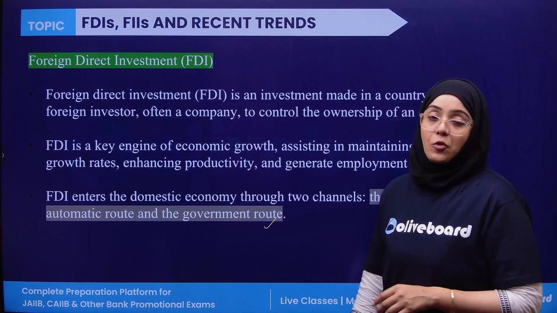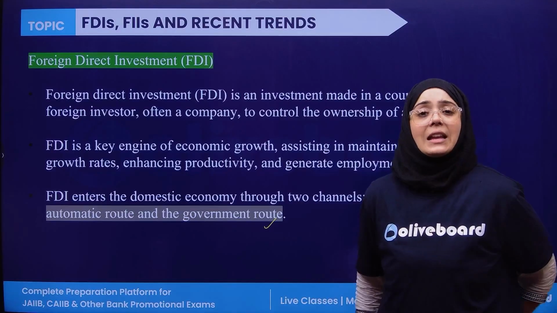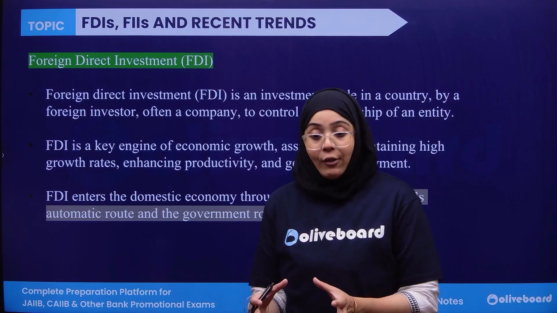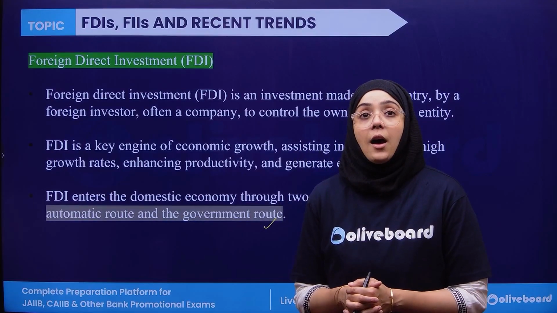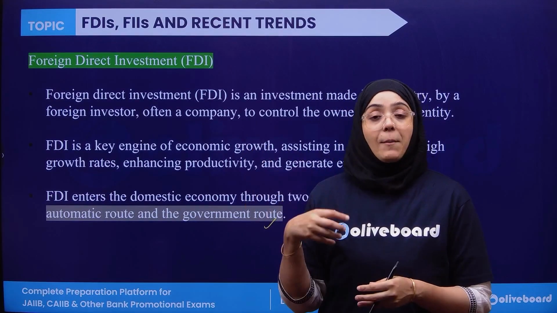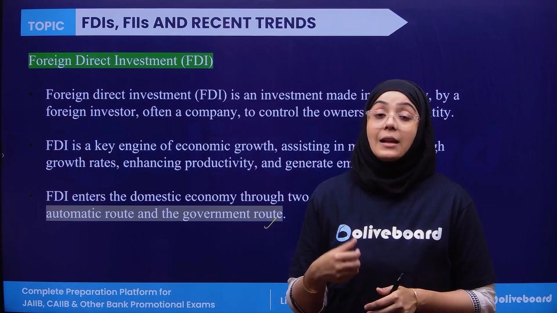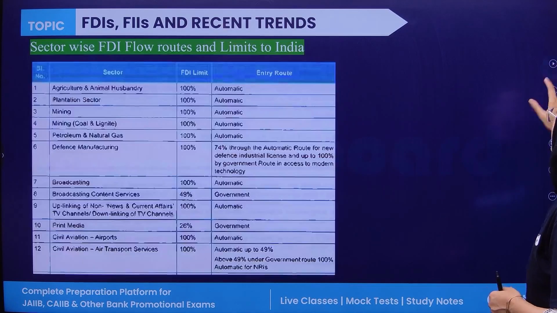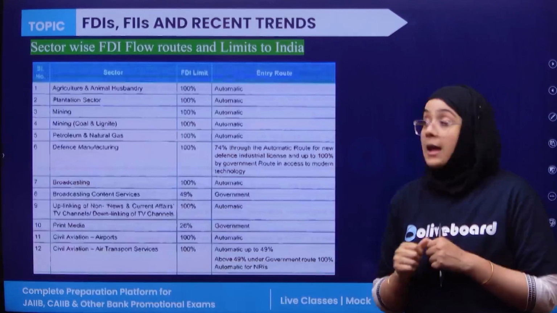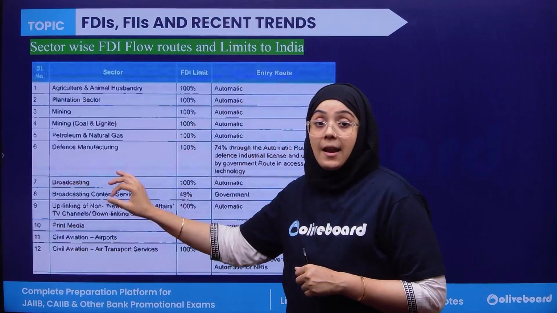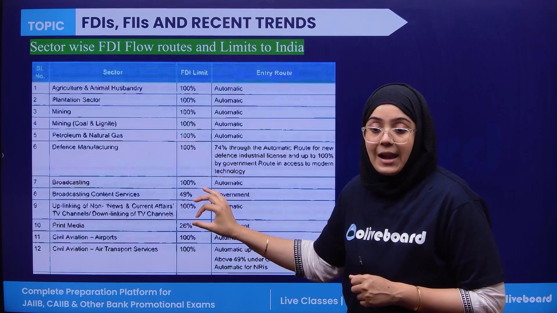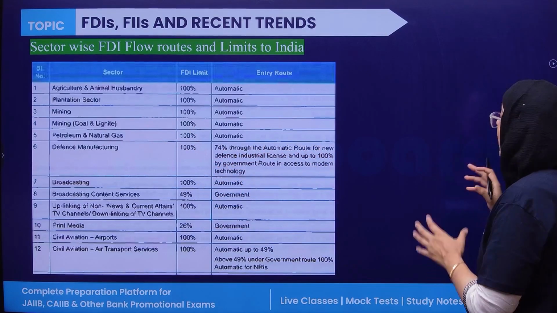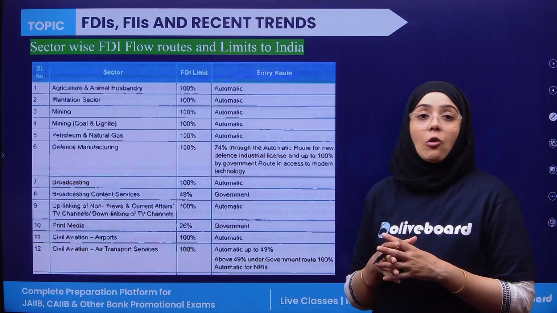Whereas there is a government rule: there are some sensitive areas as well as some sensitive countries, and if FDI is coming from those countries, you have to take permission from the government. So that is the government route. Now, this is a very important part: in which sector how much FDI is allowed, plus what the entry route is, right? So this is a very important screenshot for all of you.